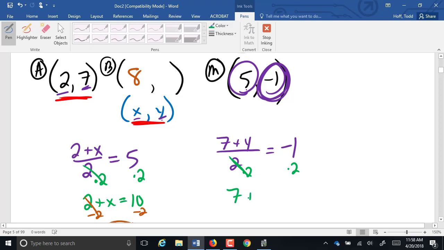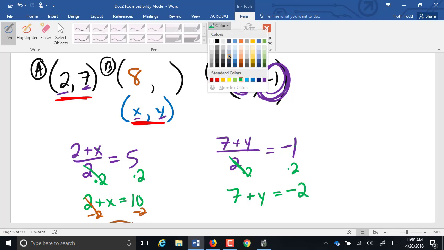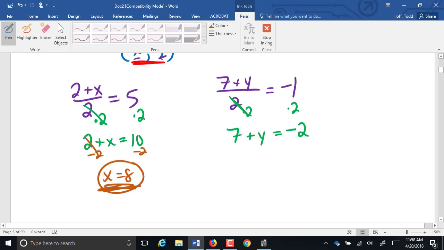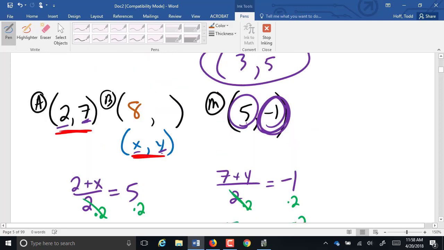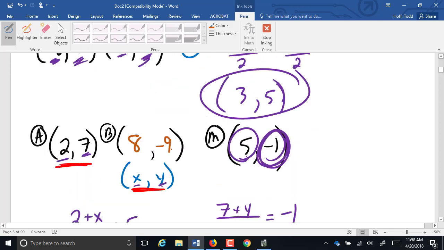We have 7 plus y equals, here we have -1 times 2, which is -2. And then we get y by itself. We have to subtract the 7. So the 7's gone. y equals -2 minus 7 is -9. So the y-coordinate of that other endpoint was -9. So point B, the other endpoint, is 8, -9.